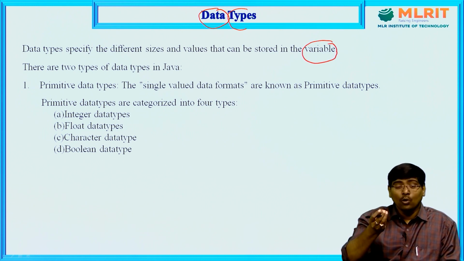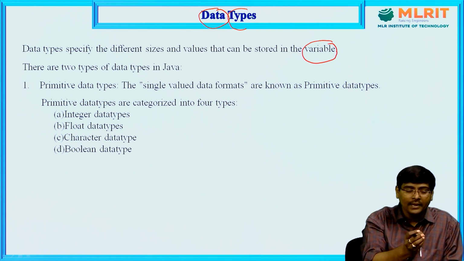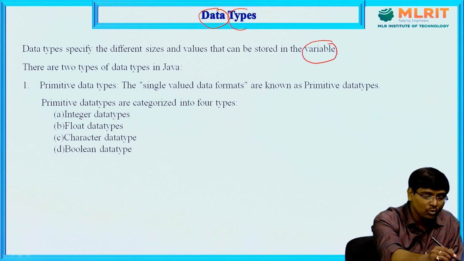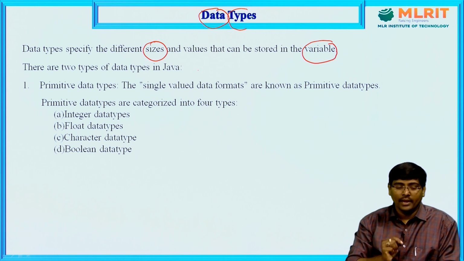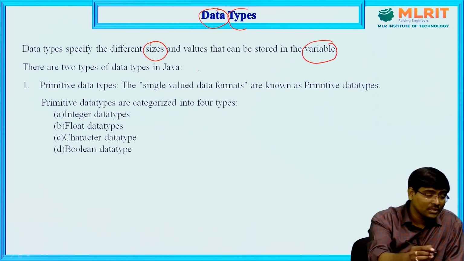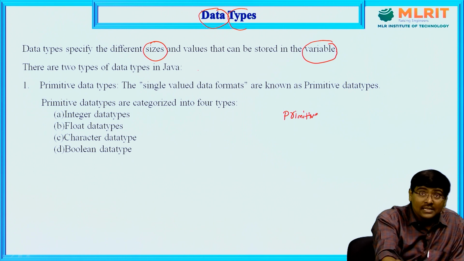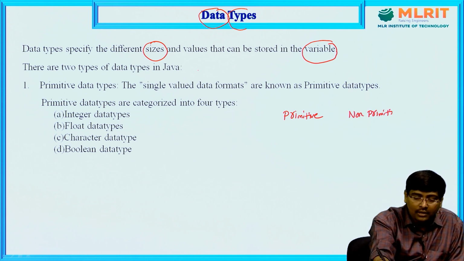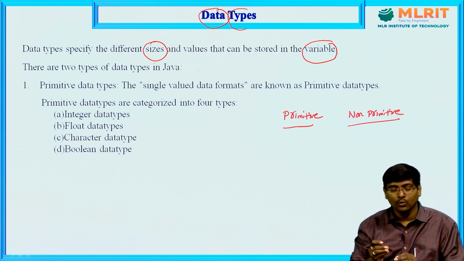Now, whenever we declare a data type, every data type has different types of values along with different sizes. Mainly, data types are categorized into two types: one is primitive data type, and the second one is non-primitive data type. What is the difference between primitive and non-primitive?